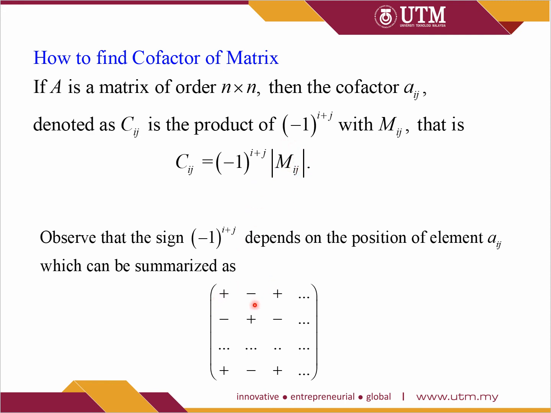And for the first row, second column, this will be -1 to the power of 1 plus 2. So you will get the sign negative, followed by positive, negative, and so on. For the second row, this will be negative, positive, and negative, and the rest is the same, where you find the sign of each element position using this formula.